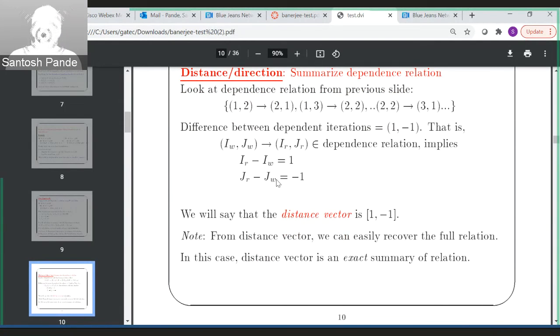One of the possibilities is that we try to compute the dependence distance by manipulating the relations between IR and IW and JW and JR. We can see that in this particular case, we can quickly get a distance vector, which is 1, minus 1. And therefore, from the distance vector, we can get the full summary of the dependence that could exist in a loop nest.